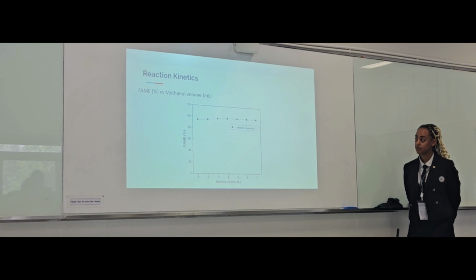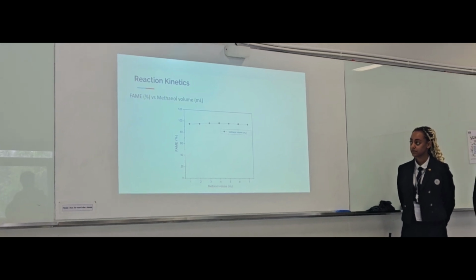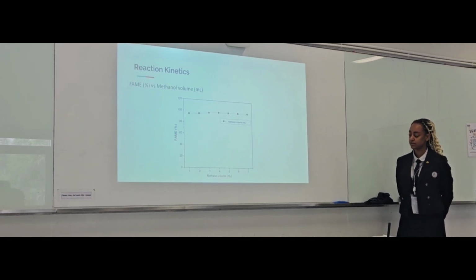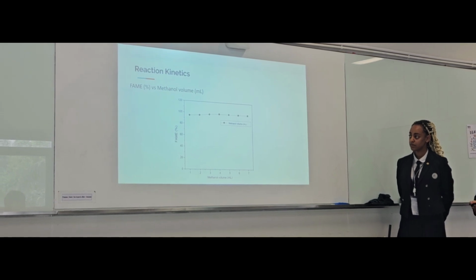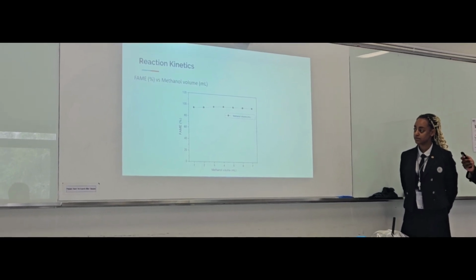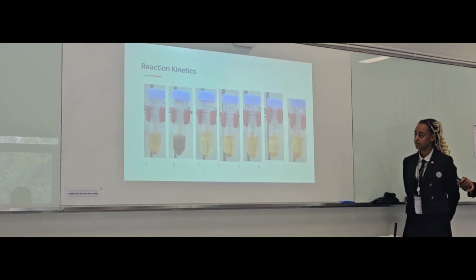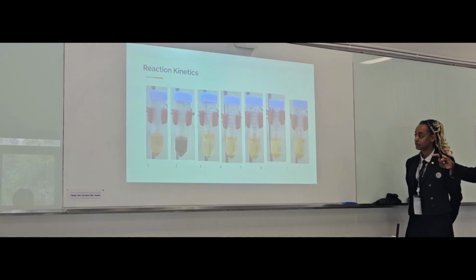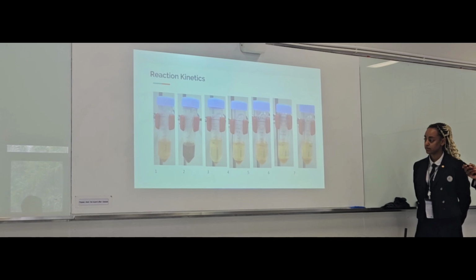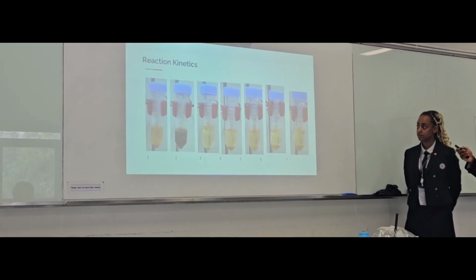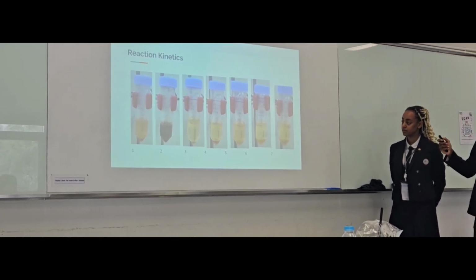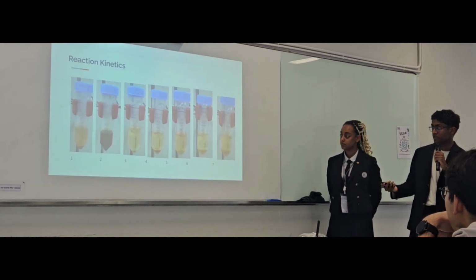Another major phase of our research was the kinetics, because we had to determine the optimum conditions for our transesterification reactions. We tested 4 variables. This is the methanol volume, and as you can see, around 4 milliliters of methanol was where we found the optimum phase separation between the biodiesel, glycerol, and catalyst layers.